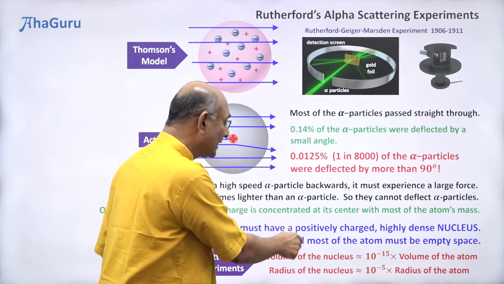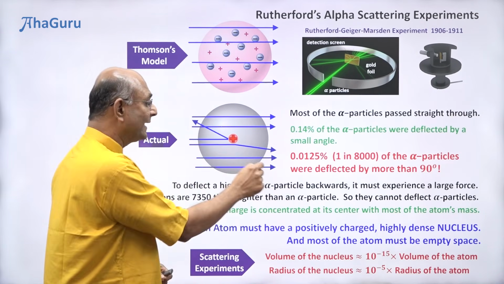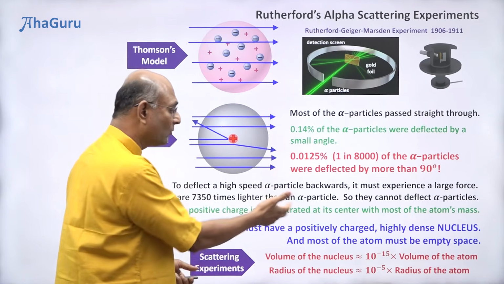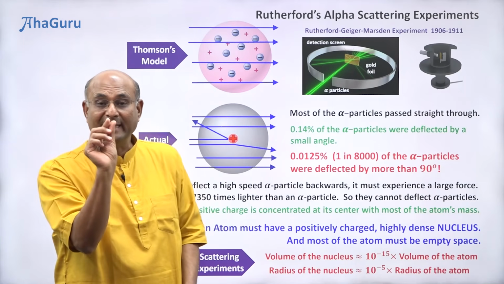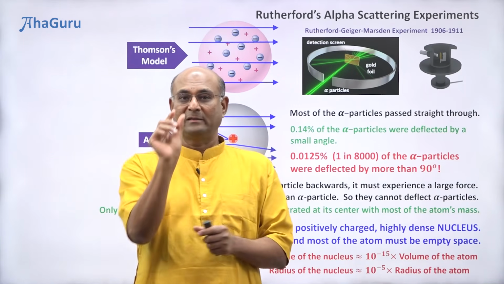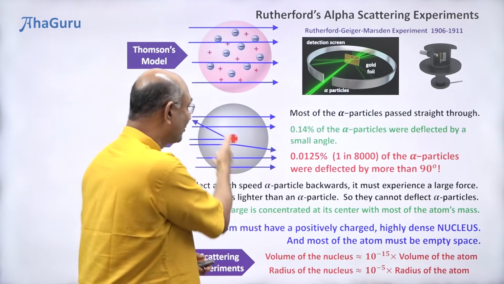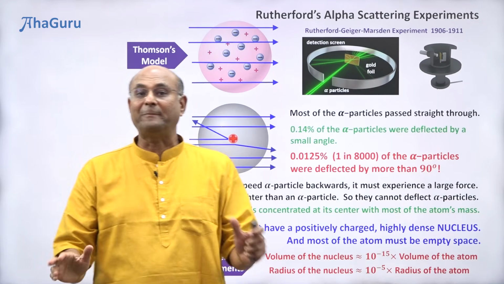So that means the radius of the nucleus is 1 lakh times smaller than the radius of the atom. If the nucleus radius is this size, the atom is 1 lakh times bigger. I can't draw it here, it's huge, right? So the atom is mostly empty space.